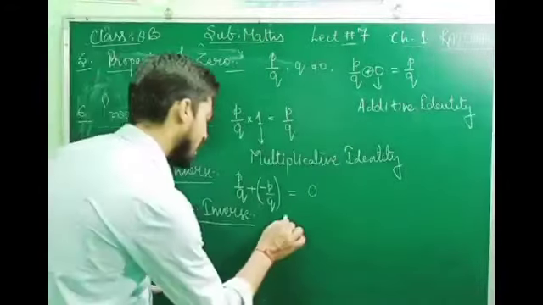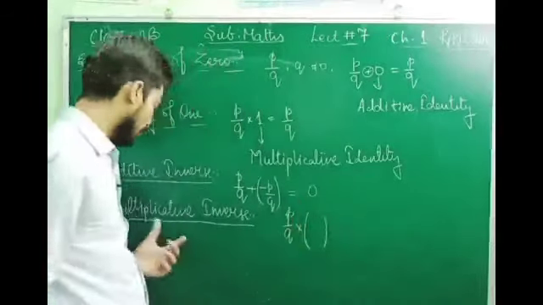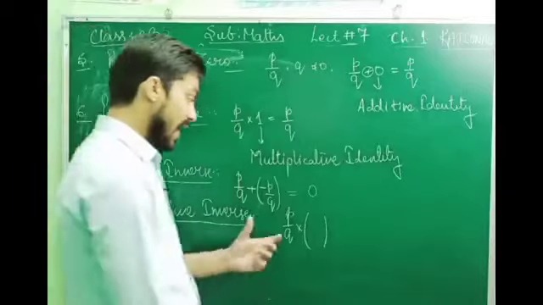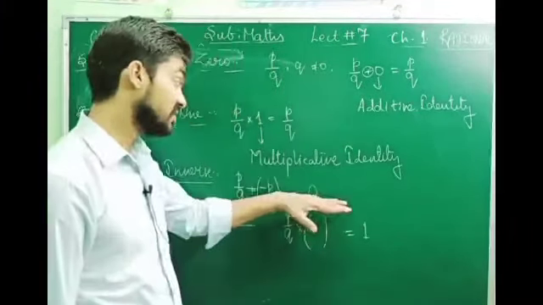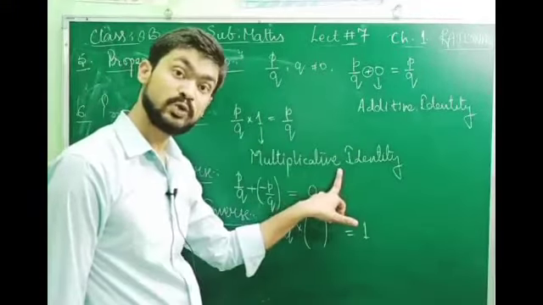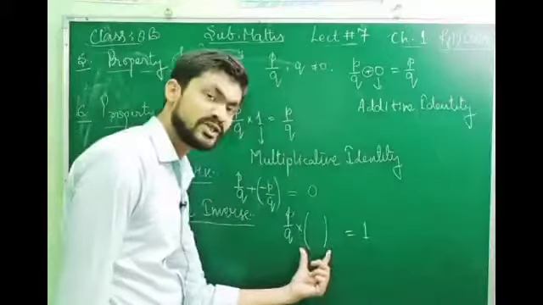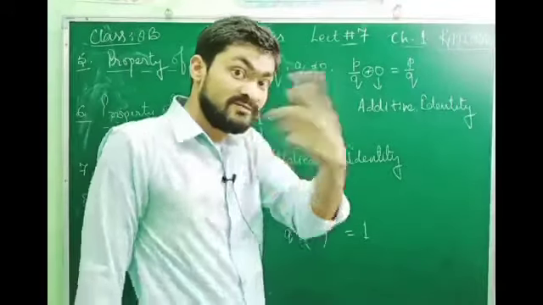Yes, if I perform multiplication and I get the result as 1, here 0 is additive identity, here 1 is multiplicative identity. So which number should I multiply here? So you will say, sir, you are going to do the reverse now.